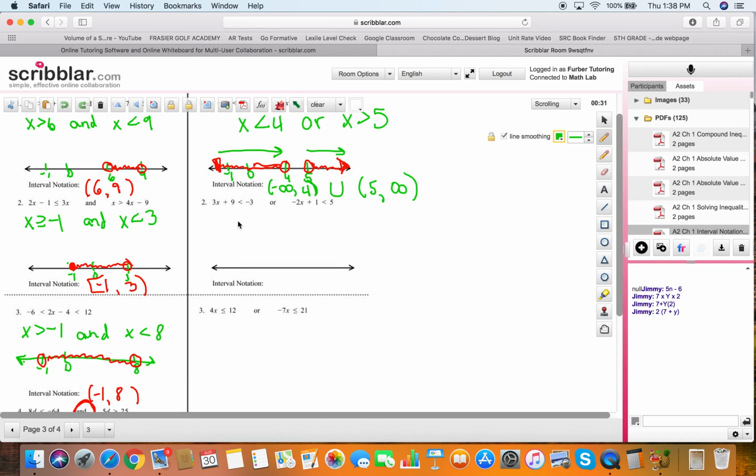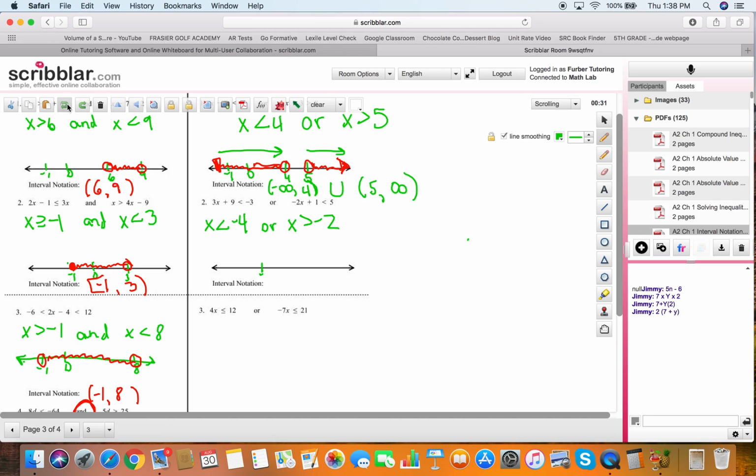All right, and then on number 2, we had x is less than negative 4, or x is greater than negative 2. And so on the number line, we had a negative 2, a negative 4. Oops. I need to write those smaller.